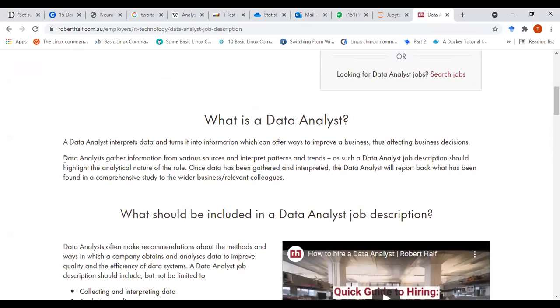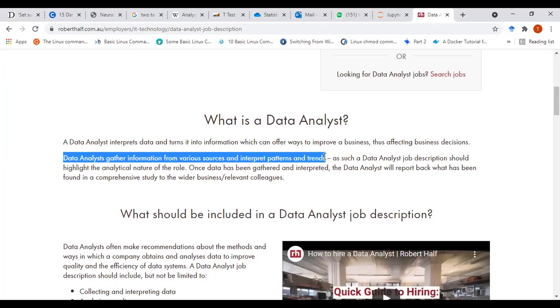Look, data analysts gather information from various sources. For that, they need to be expert in SQL and also Python programming, and interpret patterns and trends through EDA and basically through BI tools.